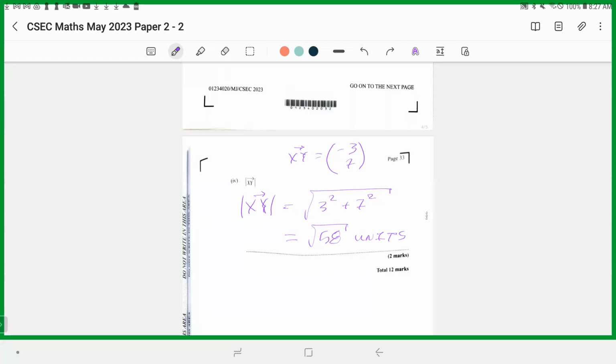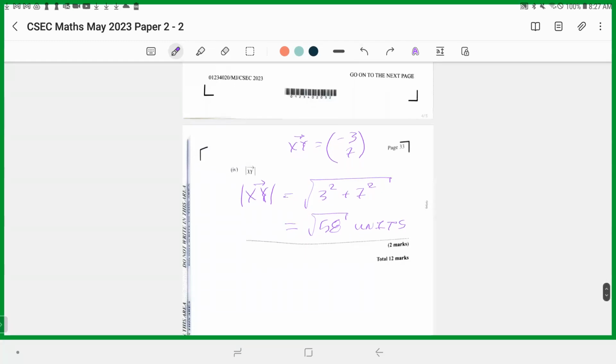All right. So if we were to show why this is so, it's like you have the vector XY. If X is a point right here, and negative 3, 7 goes from X to Y, it means that you go back 3 this way and then go 7 up. So if X is right here and Y is right here, this will be negative 3 and this is 7.